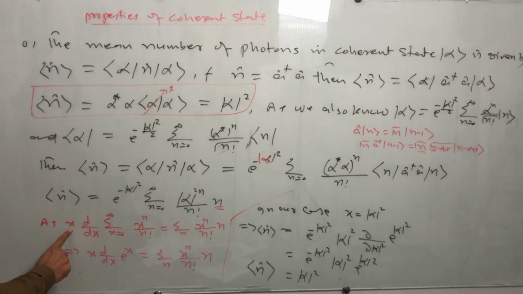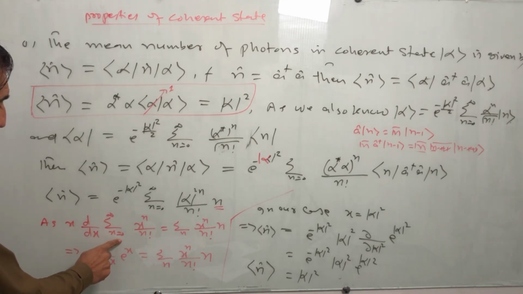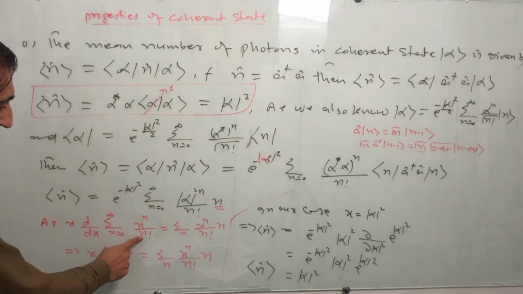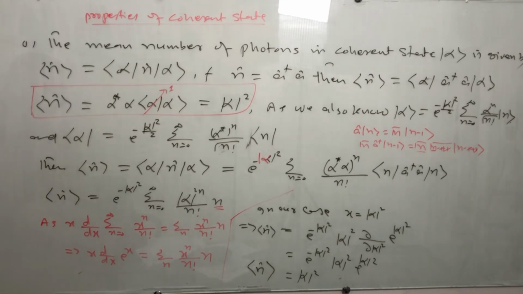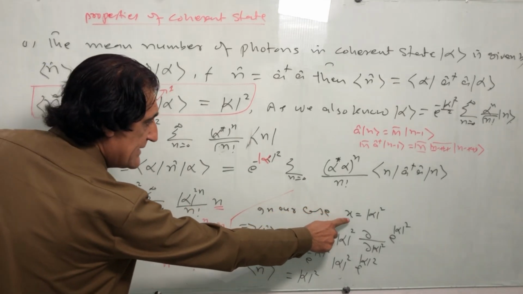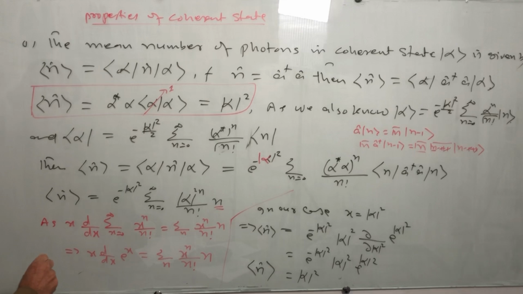Now, if you have this kind of relation, x d divided by dx of summation x to the power n divided by n factorial, then this must be equal to this. And in our case, we have x equal to |α|².